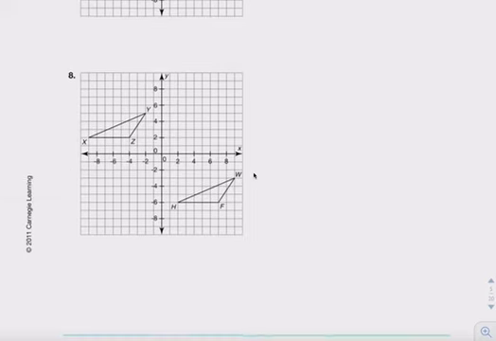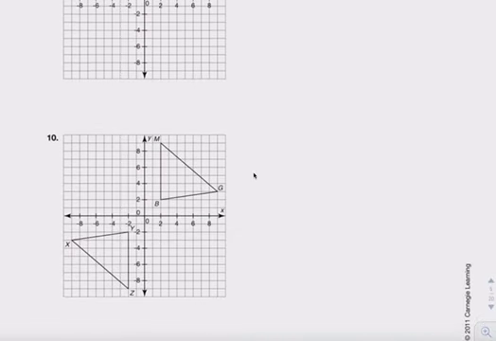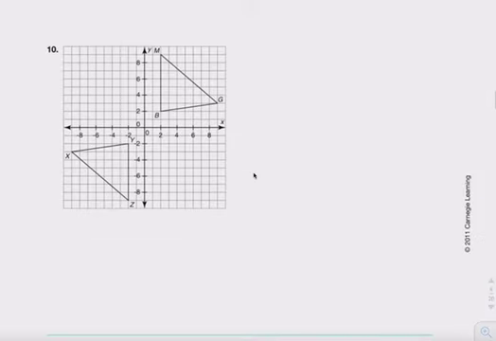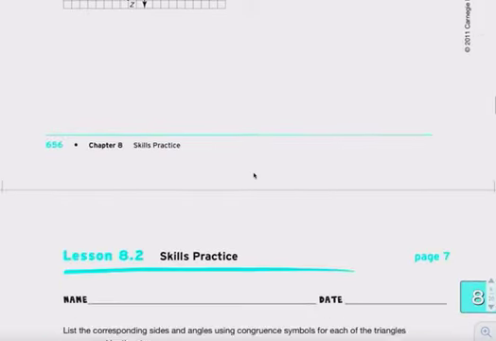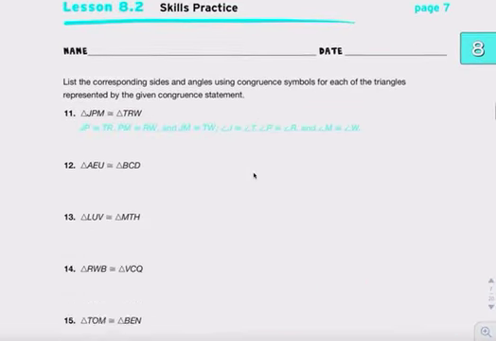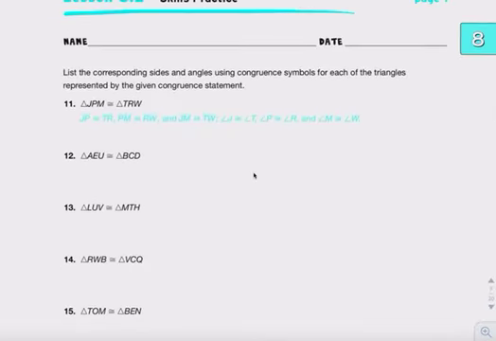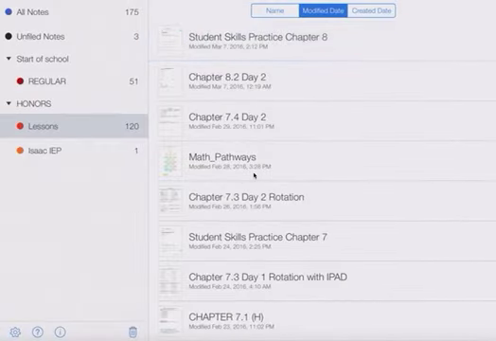Same thing here, translation or rotation. Reflection? Looks like a rotation to me, but you can check to make sure. That's all your homework tonight. Tomorrow is this page only. Same thing again. That's it.